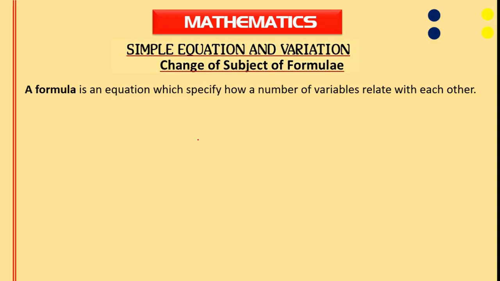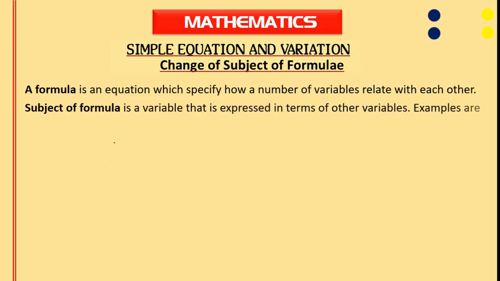Alright, so that being said, we should also check the words change of subject of formula. Now, the subject of any particular formula is the main thing that the other part of the formula is equal to. It's a variable that is expressed in terms of other variables.